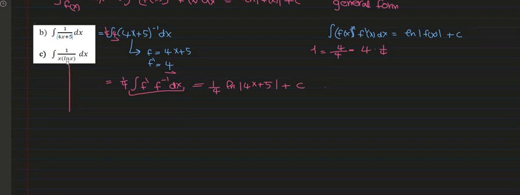Let's move to part C. So part C, we have two terms in the denominator. Which do you think is the power of which? We know that we have the ln x. The derivative of ln x, if we're just thinking about it, is 1 over x, right? And the x in the denominator, we can see it as 1 over x, which is x to the power of negative 1.